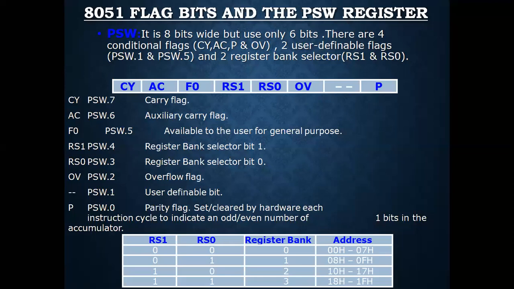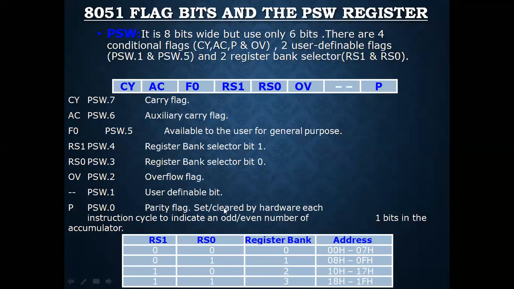There are special function registers, we will discuss them later. So this F0 is related to that general purpose flag. The flags are the carry flag, auxiliary carry flag, register bank selector bits 1 and 0, overflow flag and parity flag.